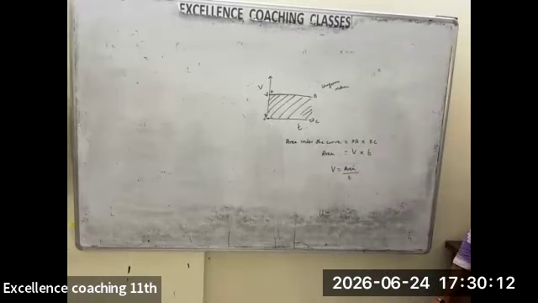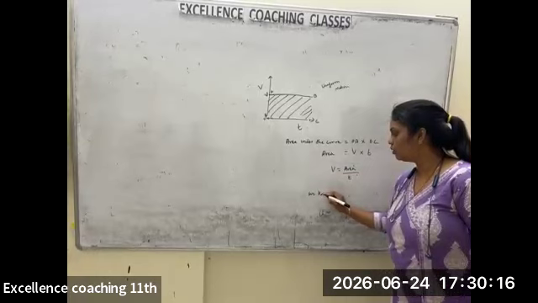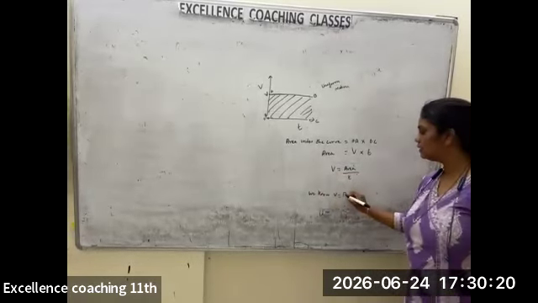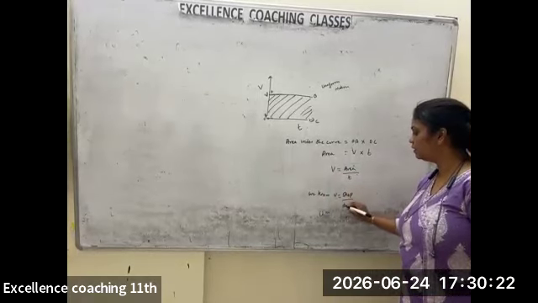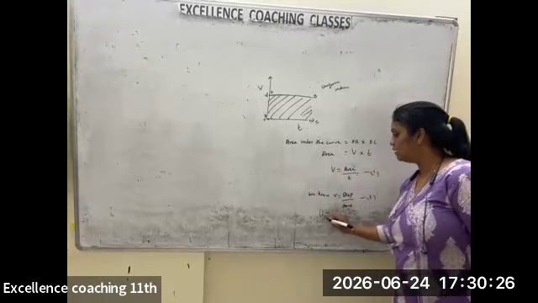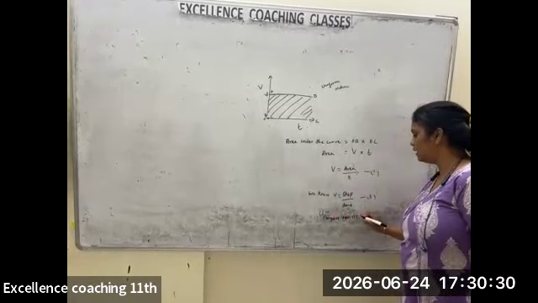In general, we already know the formula for velocity. What is the formula for velocity? Displacement upon time. Compare equation 1 and 2.